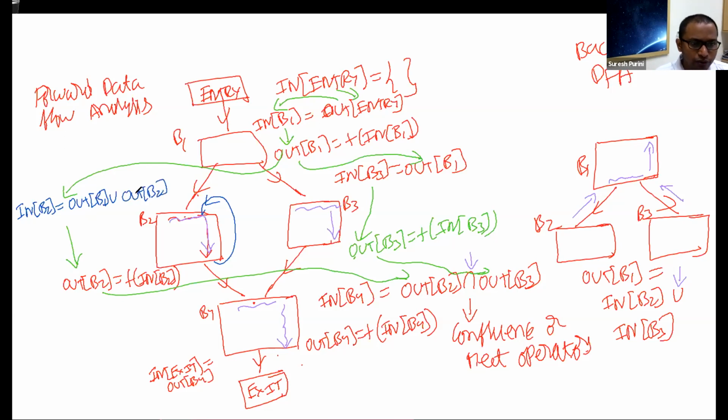So in of B2 depends on out of B1 and out of B2, and out of B2 depends on in of B2. So there is a circular dependency. In order to compute in of B2, we need out of B2, and in order to compute out of B2, we need in of B2.